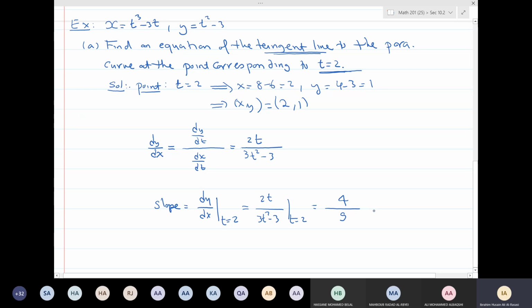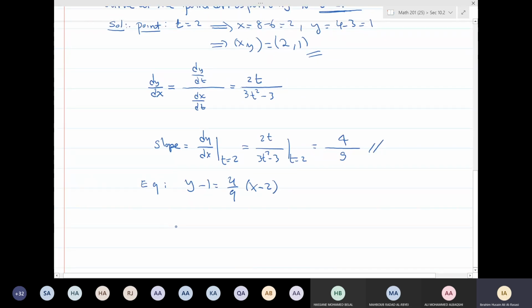You have a slope and a point, so the equation is y minus 1 equals 4/9 times (x minus 2). After you simplify, y equals 4/9 x plus 1/9. So this is the equation of the tangent line. Is it clear to everyone?